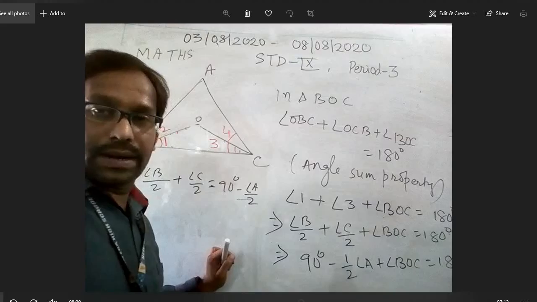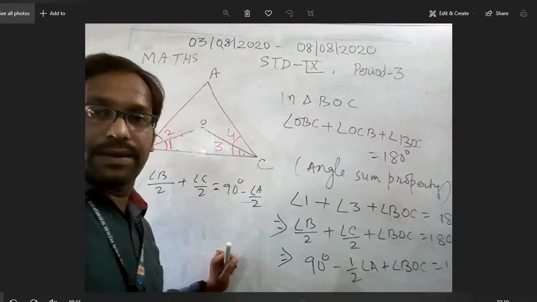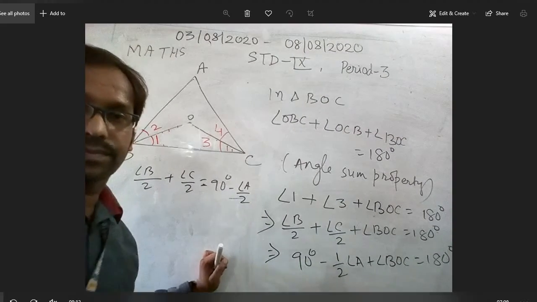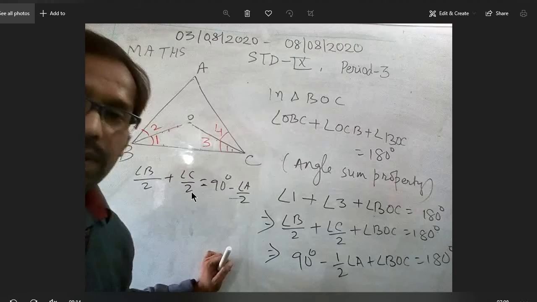I just replace the value here: half of angle B plus half of angle C is equal to 90 minus half of angle A. So in place of this, I have written this part here.